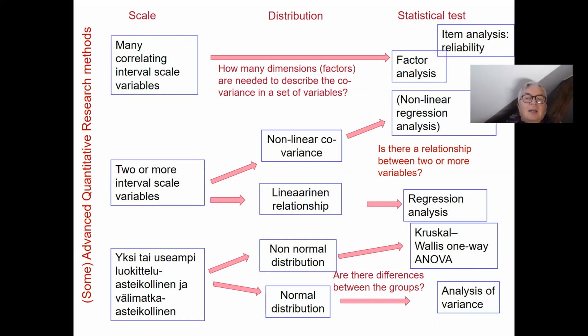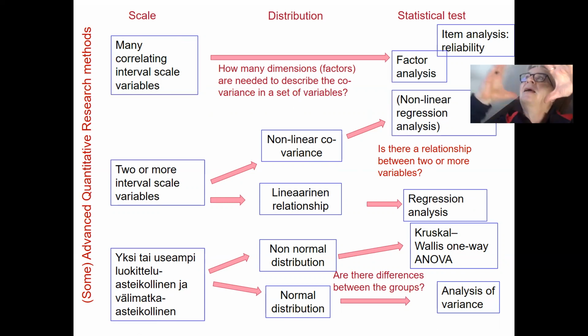And here in the same way, I'm trying to explain what's going on in the rest of the course. So we have situations where we have many correlating interval scale variables. What we are interested in is to see how many dimensions we need.